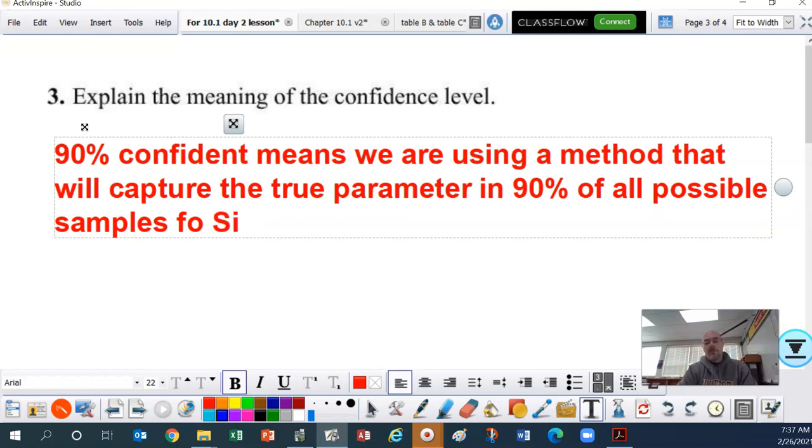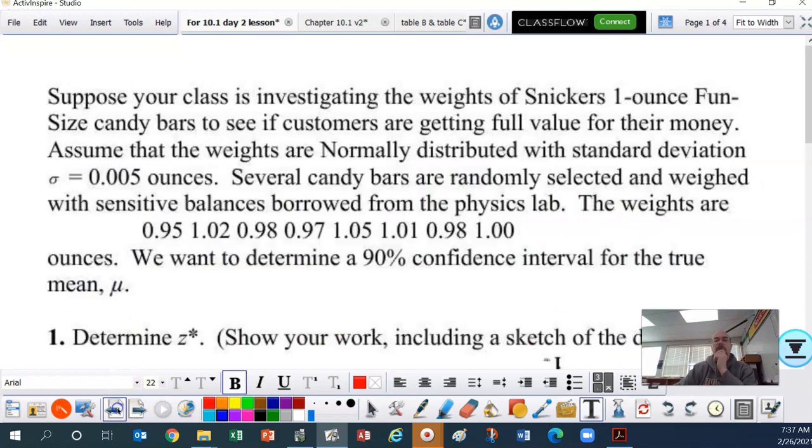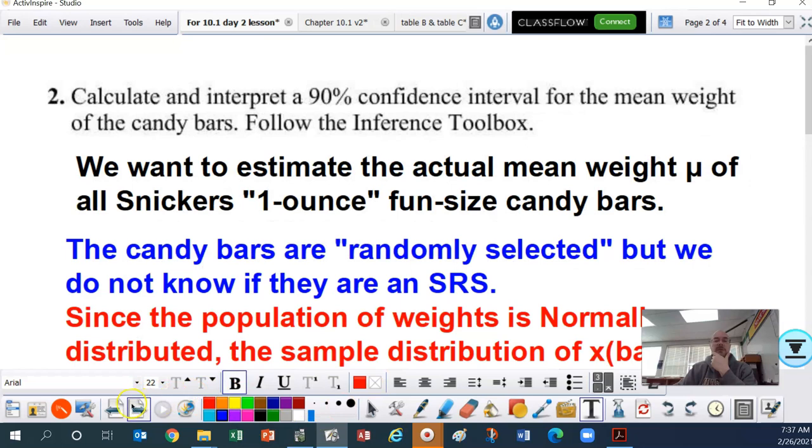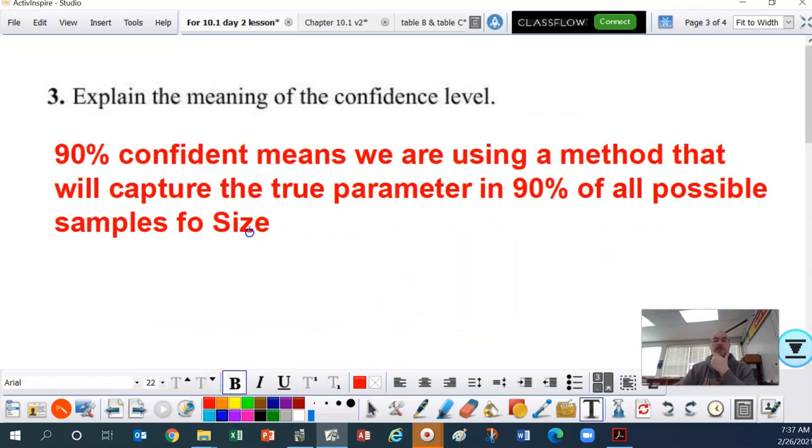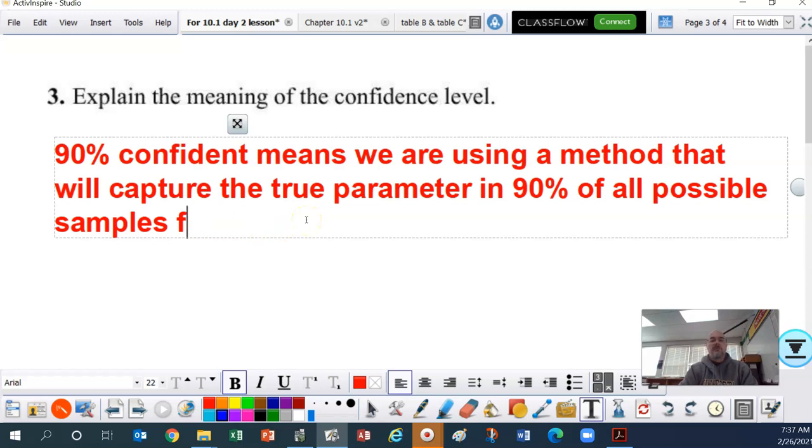size. Uh-oh. Okay, hold on here, folks. I got to go back and check something here. 1, 2, 3, 4, 5, 6, 7, 8. Okay, phew. I thought I'd made a mistake. Yeah, the sample size is 8. So, of all possible sample size, let me spell the word "of" right first. Sample size, period.